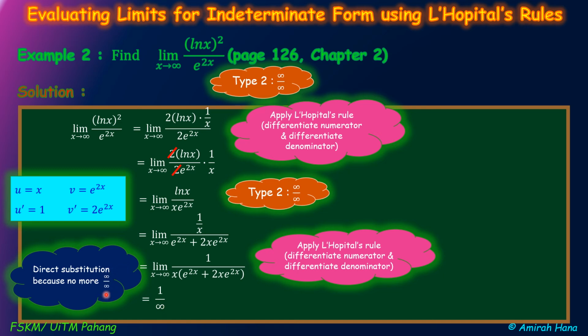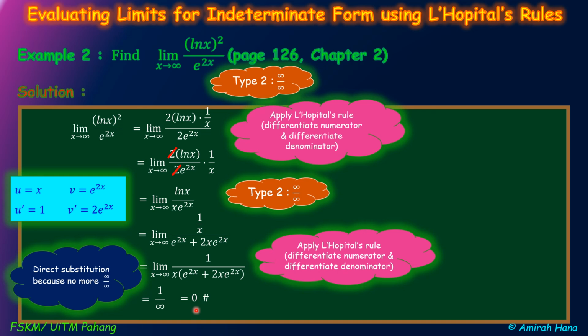We cannot have infinity over infinity when we evaluate a limit, but we can have 1 over infinity, because 1 over infinity equals 0 under the limit topic. The analogy is like, if we have 1 and divide by any big value, the answer approaches 0. This is what you learned in calculus 1. So the final answer is 0.